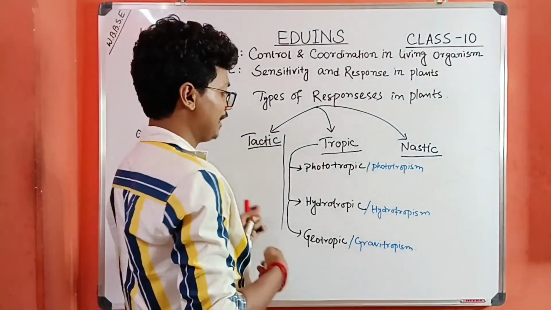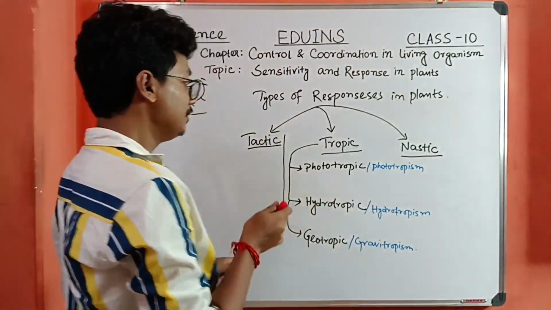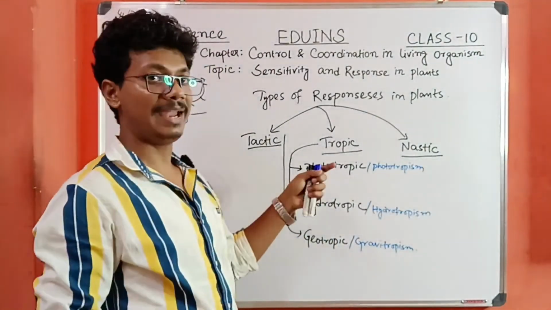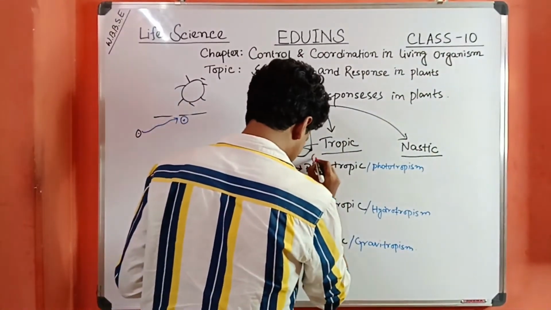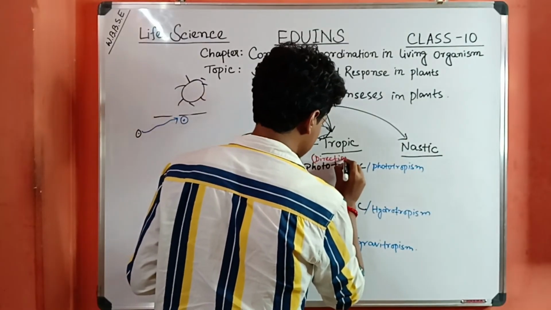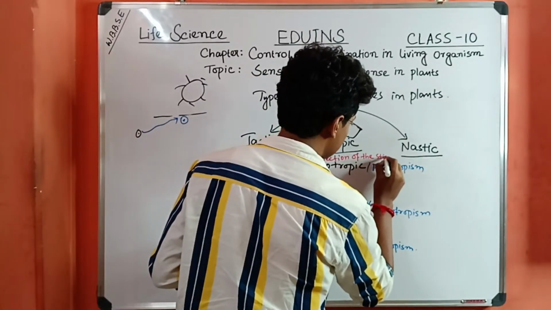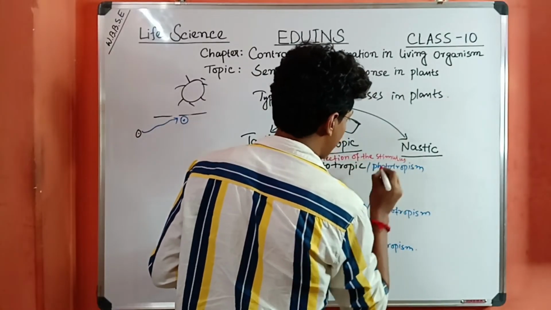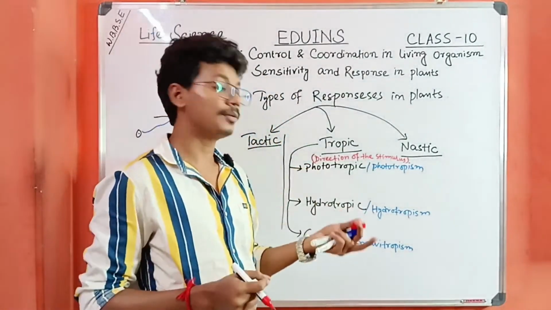So from the name, we can understand that what are they? The tropic movement, actually the movement in the direction of the stimulus. Okay, this depends on the direction of the stimulus.